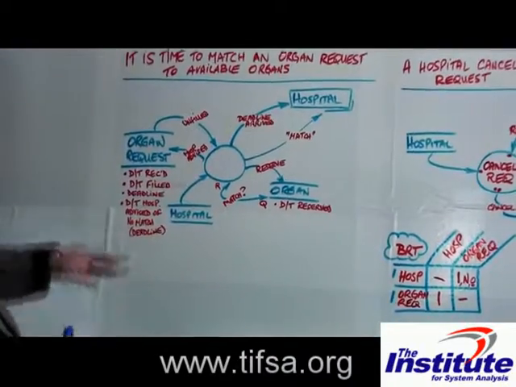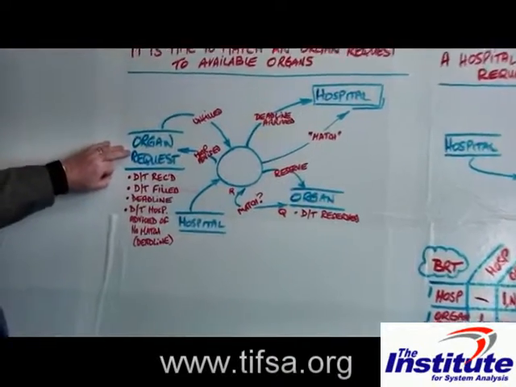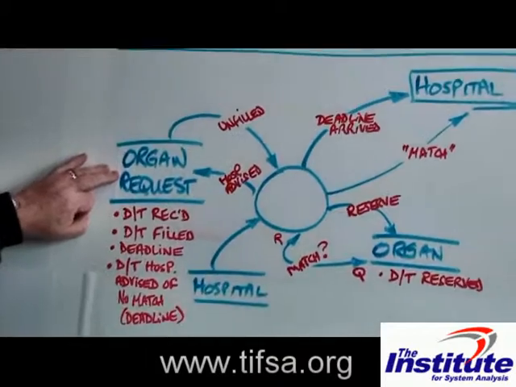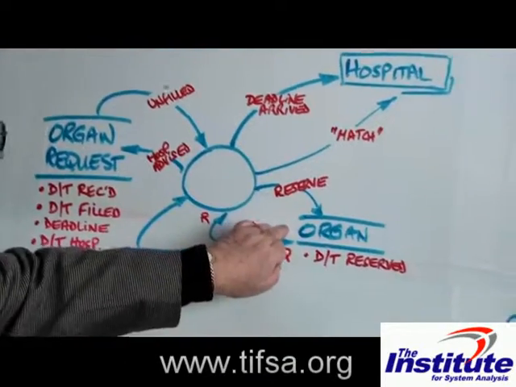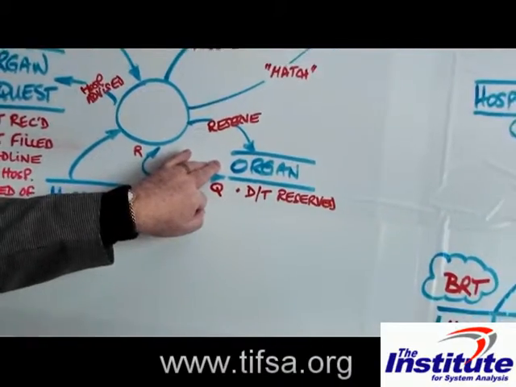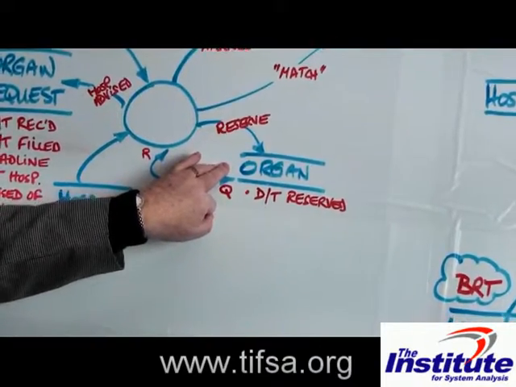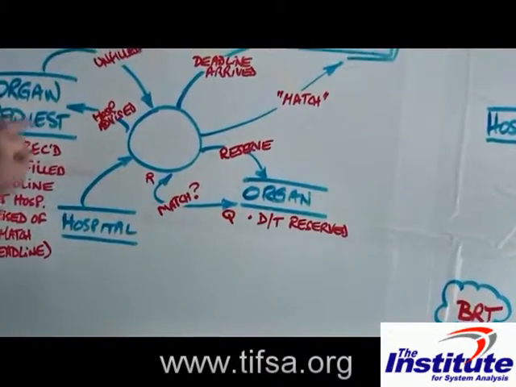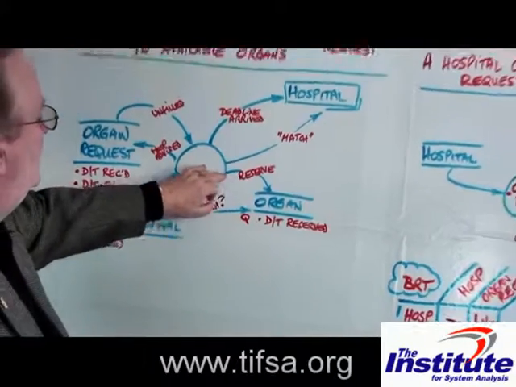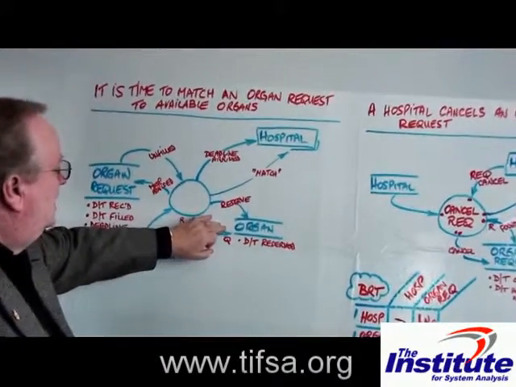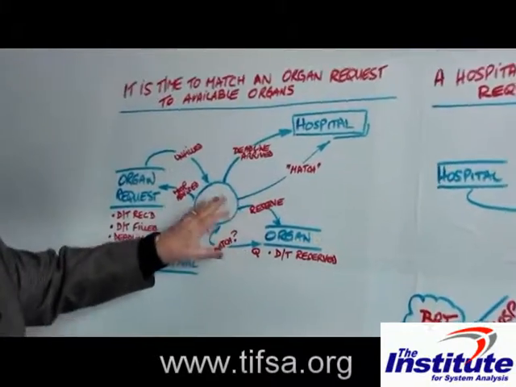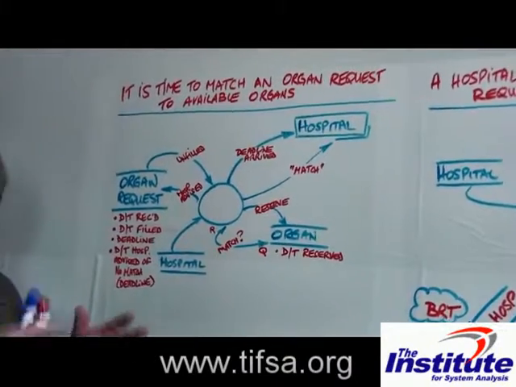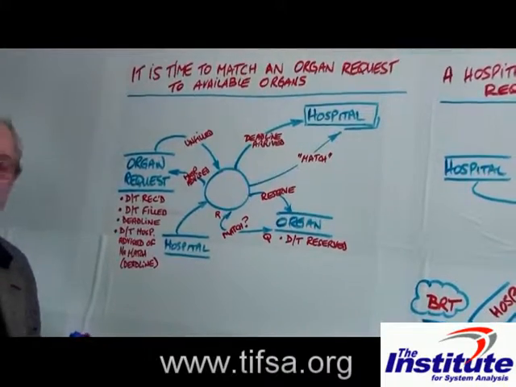The way we've looked at it is find an organ request that's not yet been filled, that's next in line. Search for a matching organ based on the criteria established when we received the request. If we don't find a match, keep looking until we either do find a match or we reach the deadline.